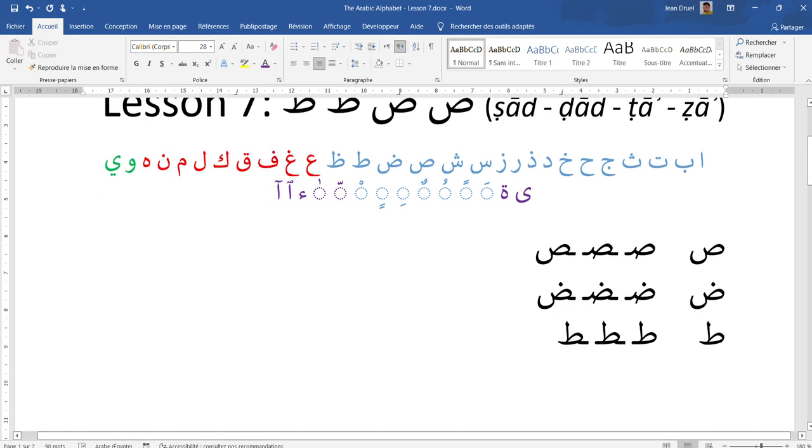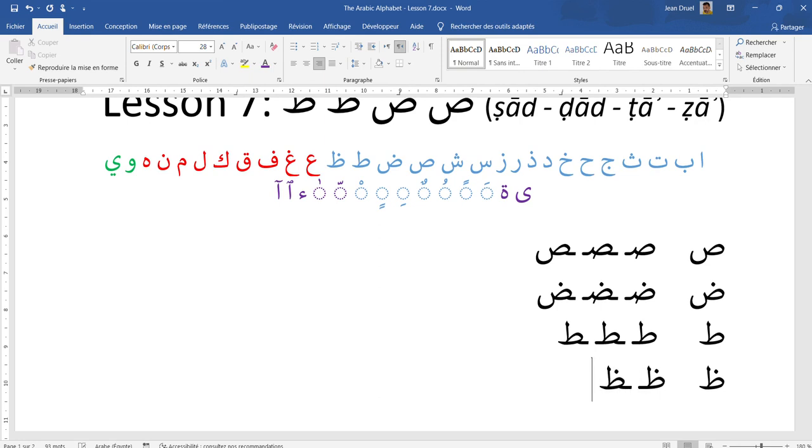And of course, the tha is exactly the same: the initial form is the same as the middle form, which is the same as the ending form. So regarding the way to draw them, it is very straightforward. They are easy to recognize.